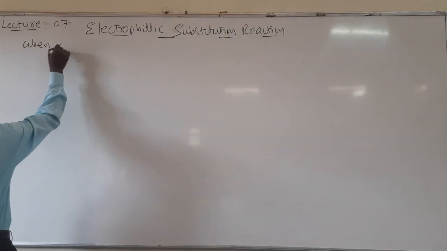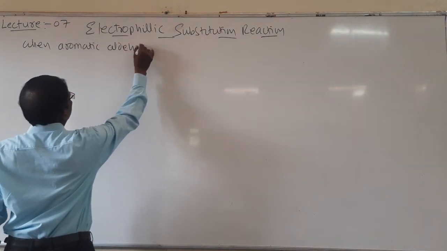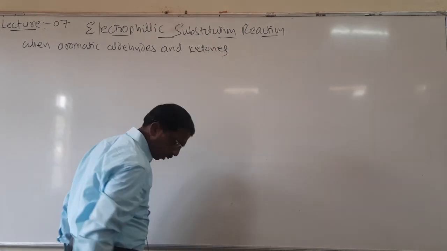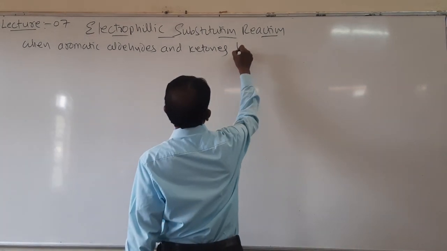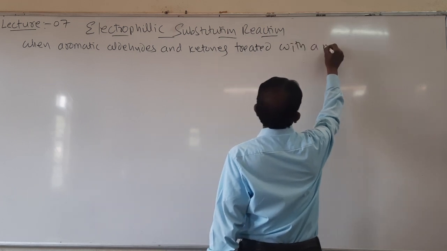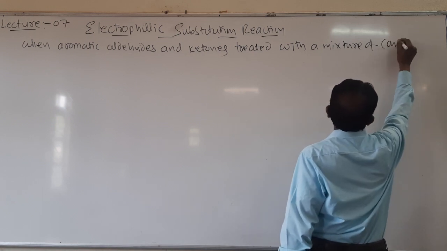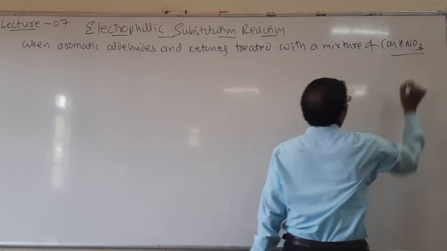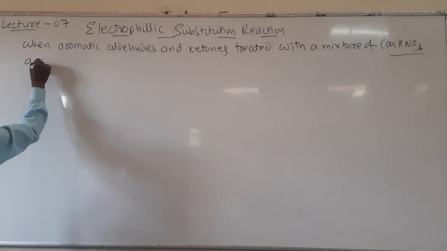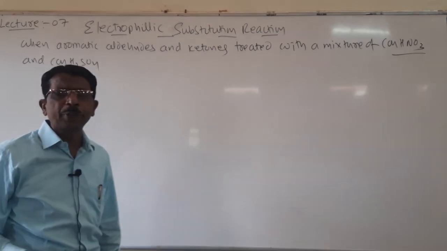Look here students, when aromatic aldehydes and ketones are treated with a mixture of concentrated HNO3, nitric acid, and concentrated H2SO4, it is called a nitrating mixture.